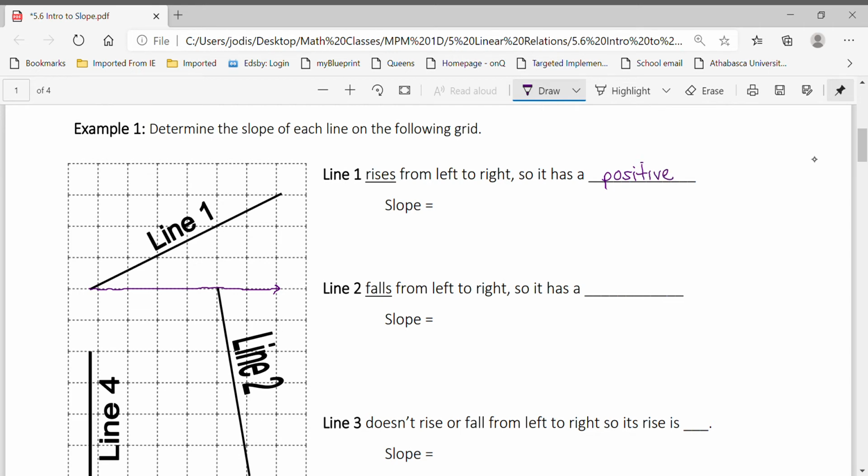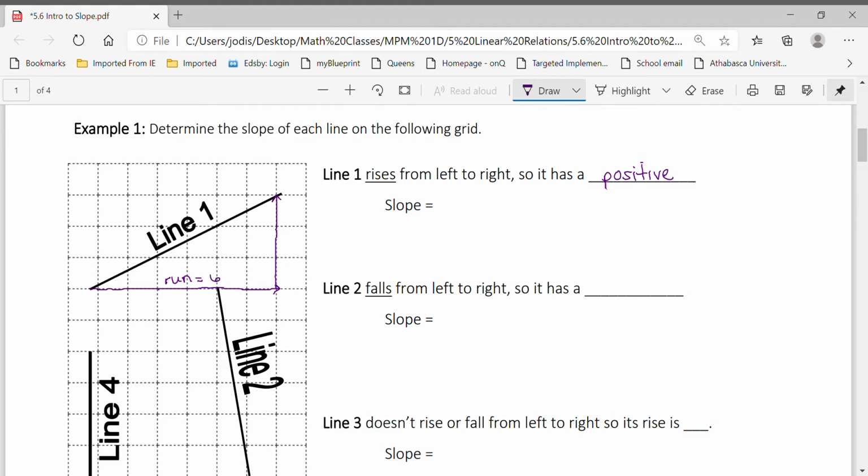Then it rises up from the line that we drew up to the top. This part where we go from left to right is our run, and if we count squares, it's 1, 2, 3, 4, 5, 6 squares.